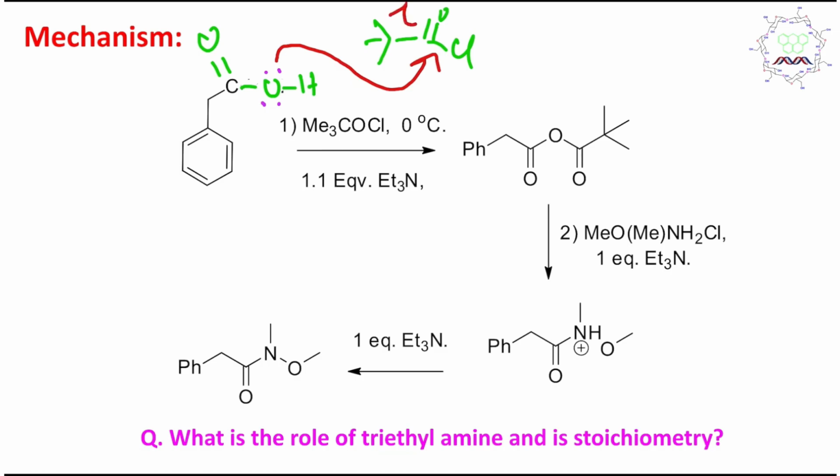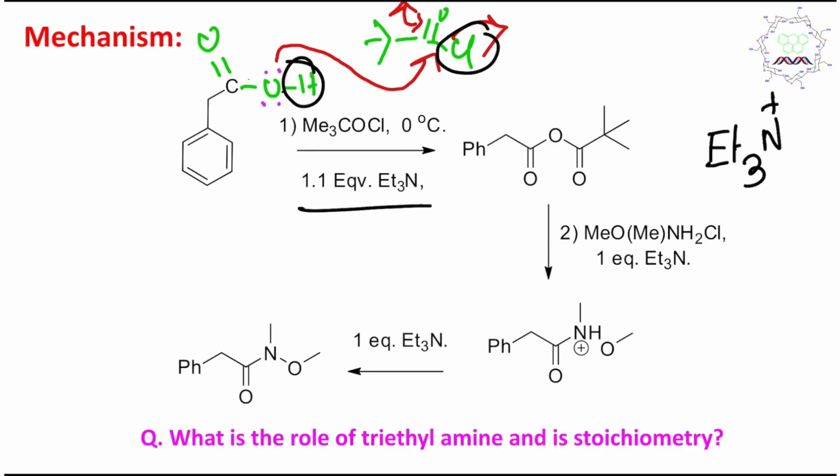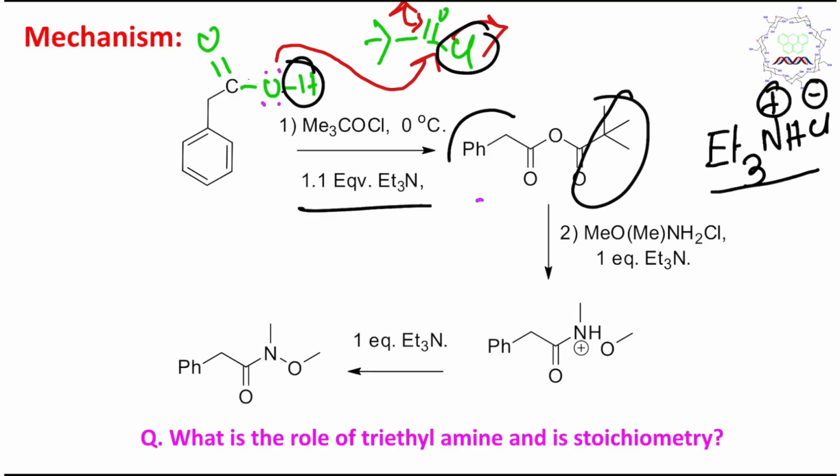It attacks, it opens up, it comes back, and Cl leaves, and from the hydrogen here and Cl here, it produces HCl, which reacts with triethylamine and produces triethylammonium chloride. It gets separated out, and in this way this mixed acid anhydride is produced, because the two sides of this acid anhydride are different. That's why it is a mixed acid anhydride.